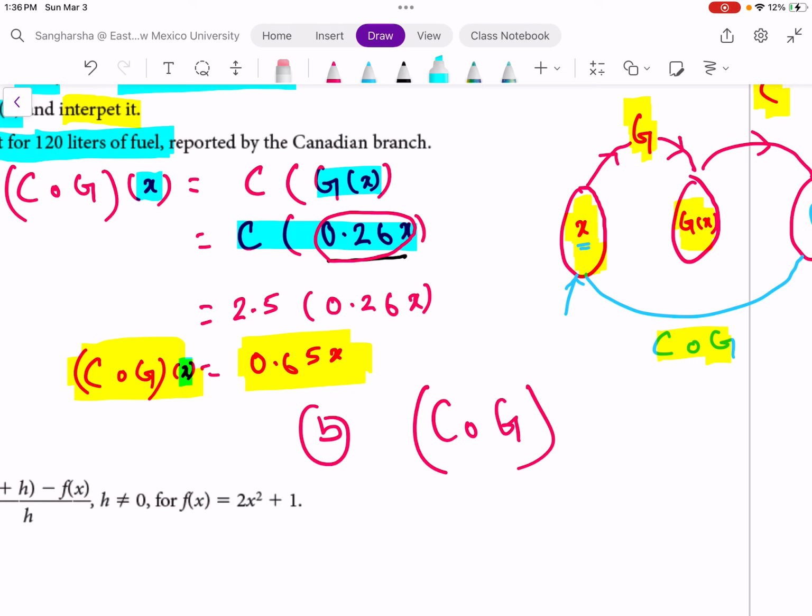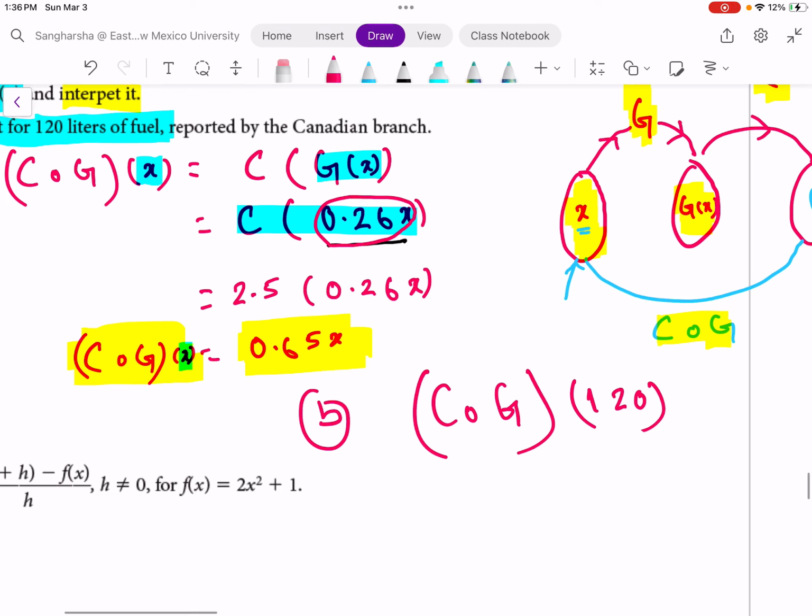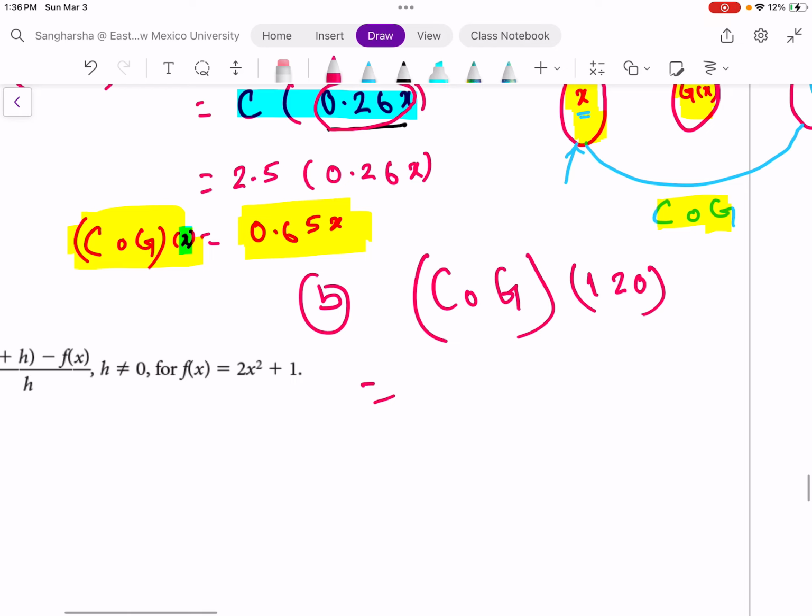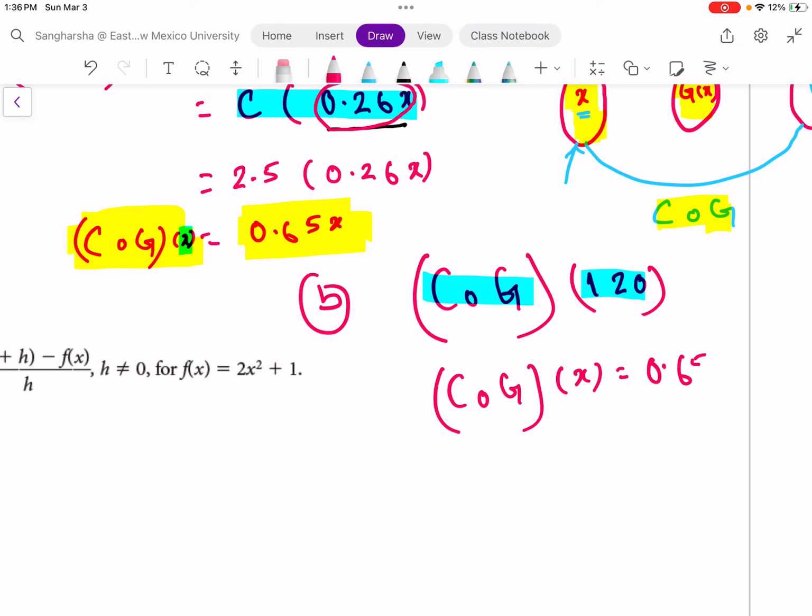This x is the liter, and we need to find the cost of 120 liters of fuel. So our input is 120 and our function is C composite G. Let's write down what C composite G is. The C composite G function is given by 0.65x.